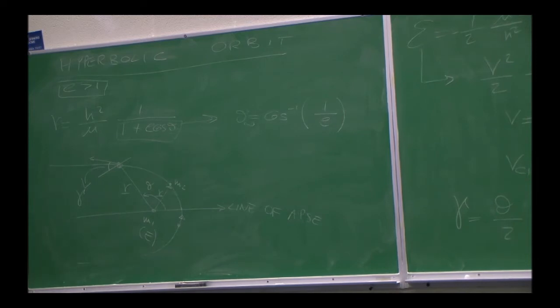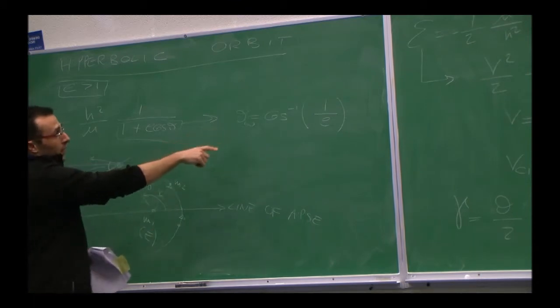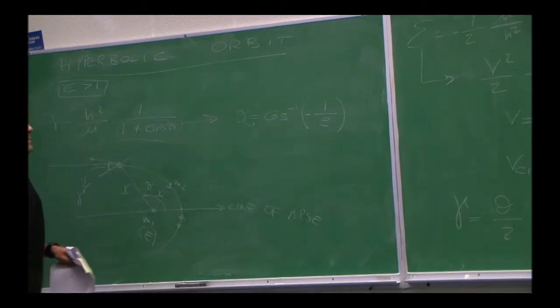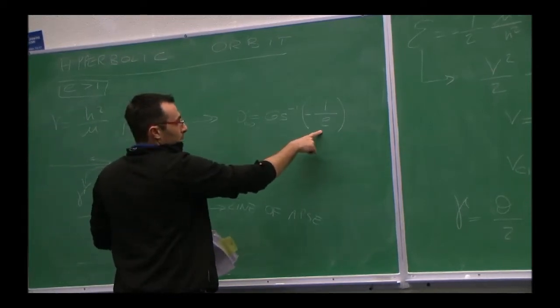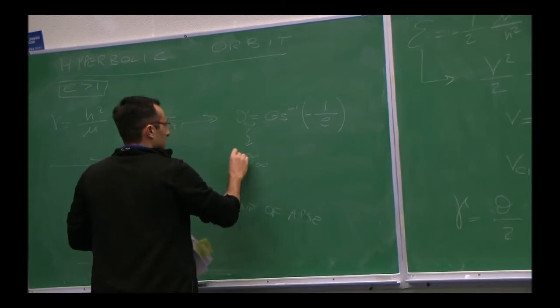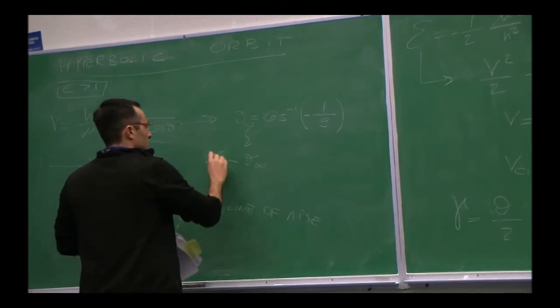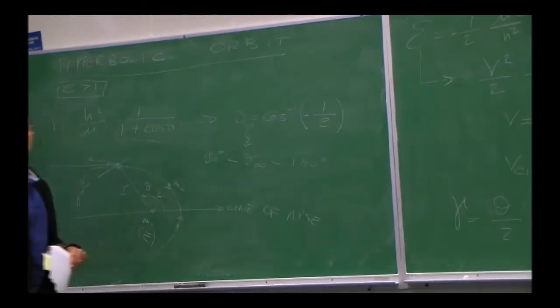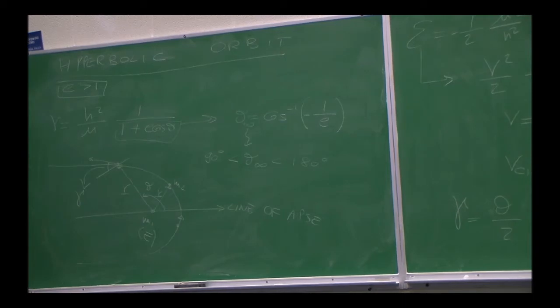Because e was 1. Now it's a little before pi, because, I'm sorry, this is a minus here. Being e bigger than 1, you can convince yourself easily that now this angle has to be between 90 and 180. So it happens a little earlier than 180 degrees, depending on e.